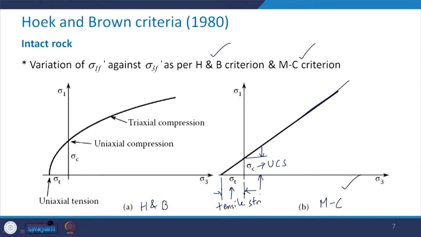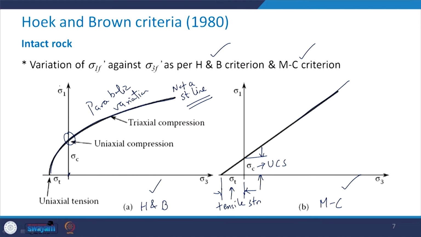But in case of the Hoek and Brown criterion, this is how the variation is going to be. It is not a straight line, as you can see. It is a kind of parabolic variation. This point corresponds to the uniaxial compression, because here sigma 3 is equal to 0.